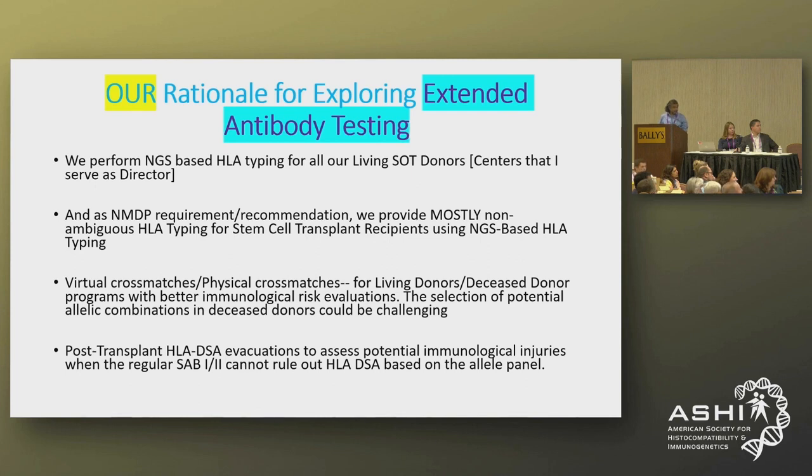The NMDP requirement currently tells us to do the initial patient evaluation so that they can avoid unacceptable antigens, just like we do for UNOS and NKR, and narrow the search for unrelated donors. It will be more important for haploidentical transplant and cord blood transplant as well. And then, of course, post-transplant DSA monitoring helps us have a better assessment of potential immunological injuries following transplantation.